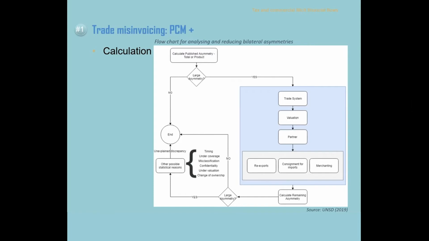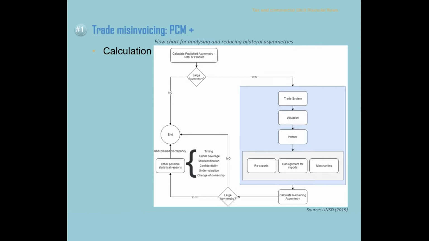that work. So first of all, when you observe the trade asymmetry, check whether there are differences in trade systems. Then check and address differences in valuation, so the CIF-FOB. Then check the partner country attributions, so make sure that you are addressing the questions of re-exports, consignments, sometimes also merchanting, and so on.